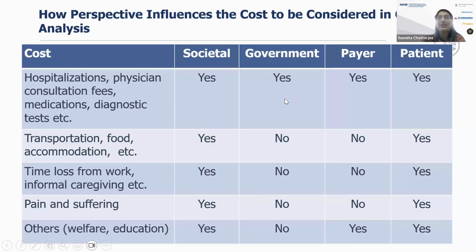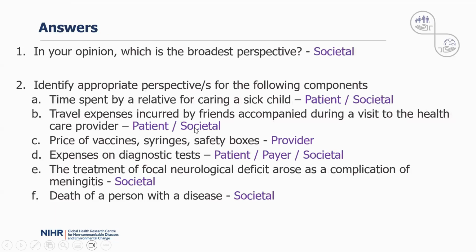Narrow because it only considers what the government is paying. So most of these are no for the government, but for societal, everything is yes, and for patient also a good number of components will come when you are considering a patient perspective.